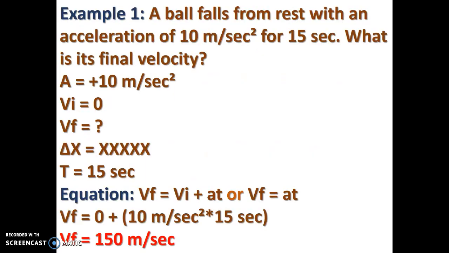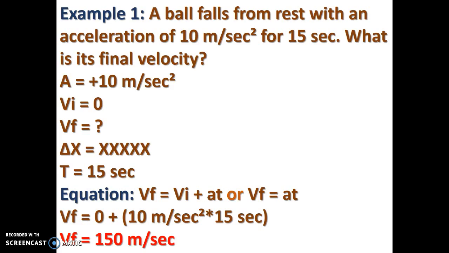So here's an example. A ball falls from rest with an acceleration of 10 meters per second squared for 15 seconds. What is its final velocity? So we've read the problem carefully, and so now we're going to go through and list our variables. It's a good habit to get into to just always list your variables in the same order. That way you know you're not forgetting any.